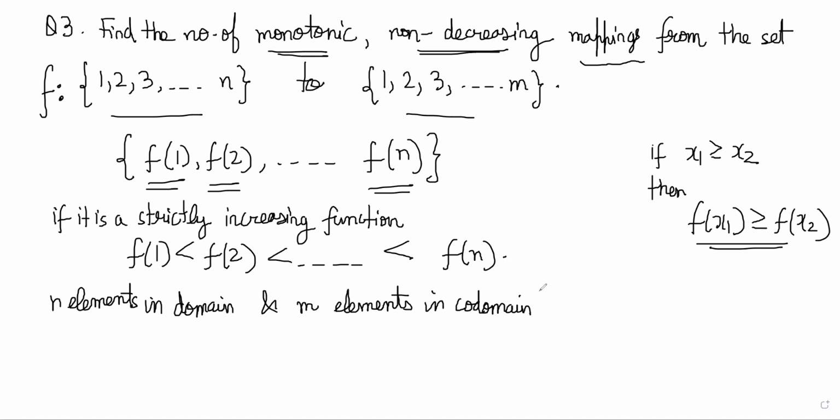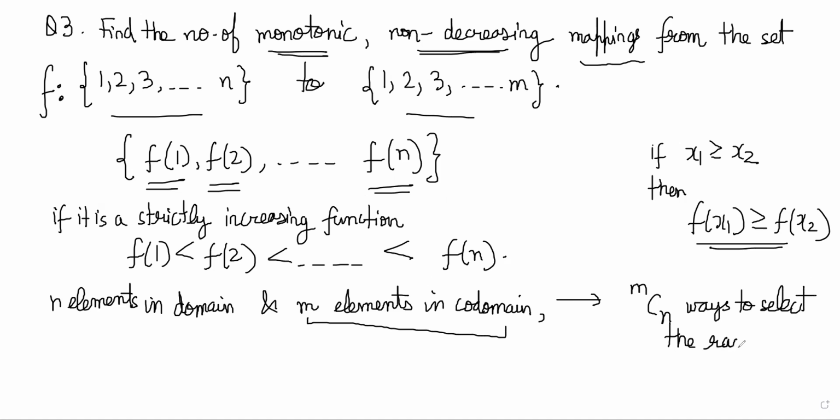the number of ways we can select the elements for this range. For the range here, we have to select n elements out of the m possible elements in the codomain. So there is mCn ways to select the range, right? mCn ways to select the range.